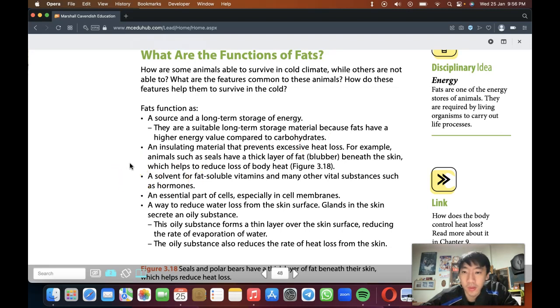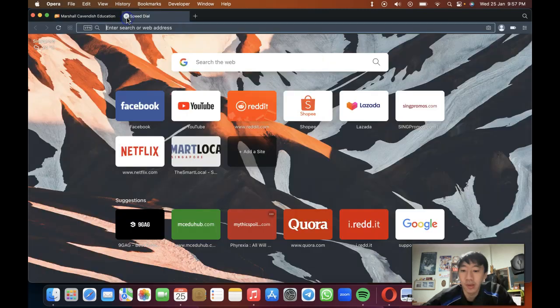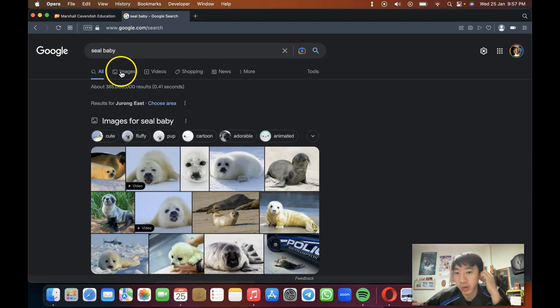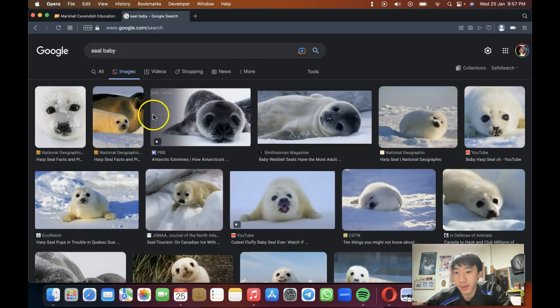Fats can be used as an insulating material that prevents excessive heat loss. For example, animals such as seals have a thick layer of fat called blubber beneath their skin, which helps to reduce loss of body heat. Just to show you, in case you have never seen a seal, these are seals. You find them at the Antarctic.